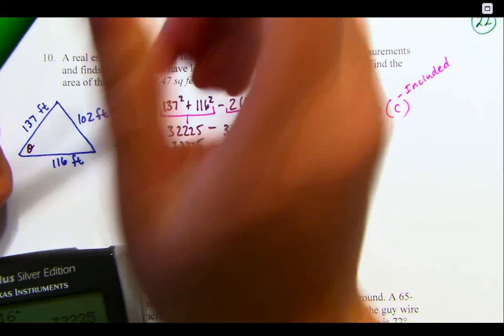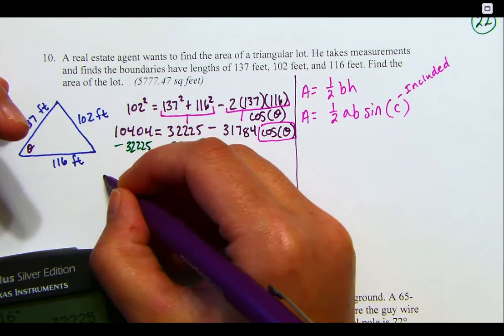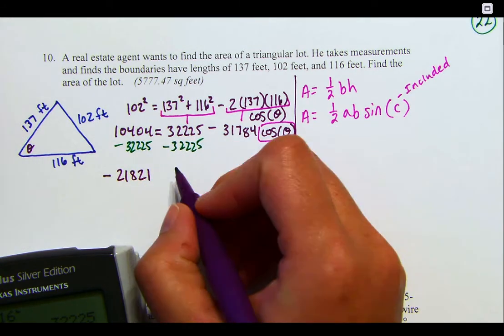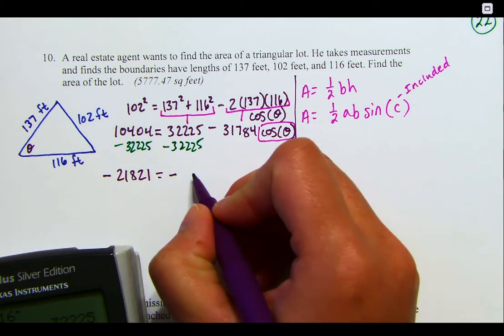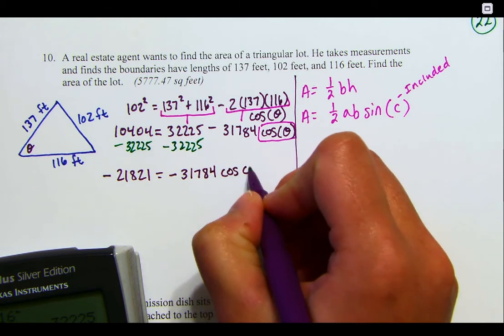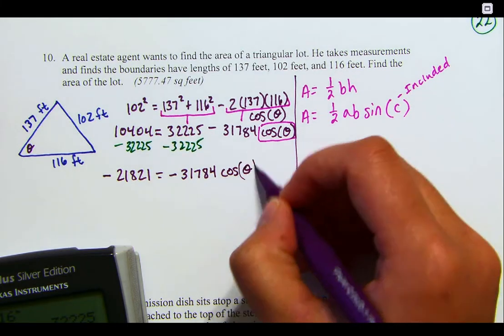Okay, so that is giving me negative 21,821 equal to negative 31,784 cosine of theta.